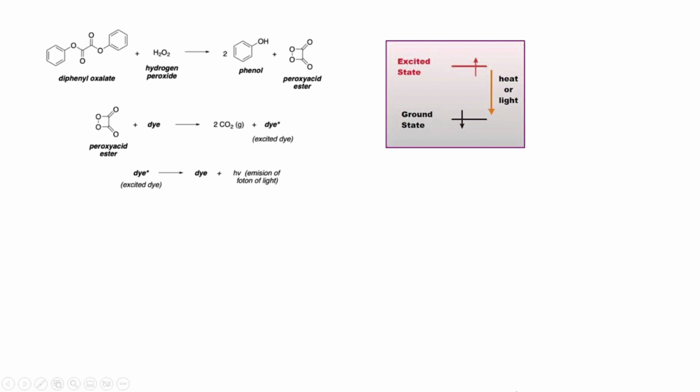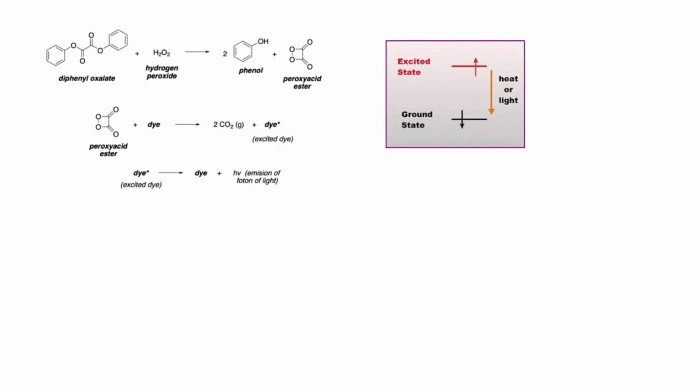And if you see here, the dye has a star. That star means this dye gets excited. Once the dye goes to the excited state by gaining some energy, while it is coming back to its ground state, that excess energy is normally emitted as light or heat.